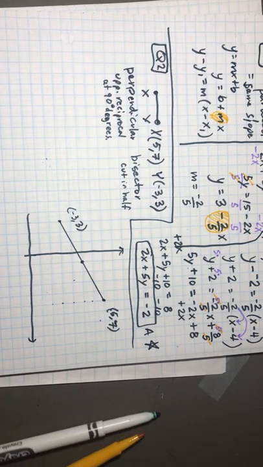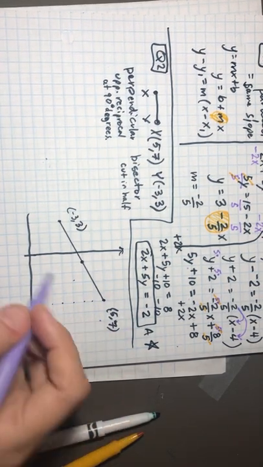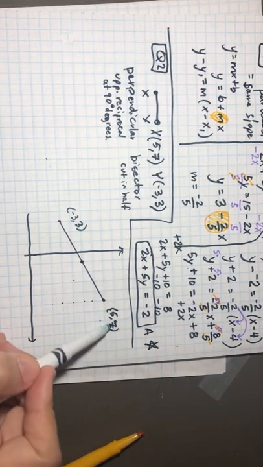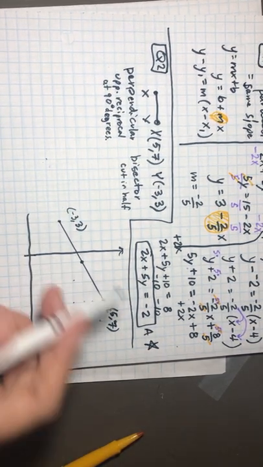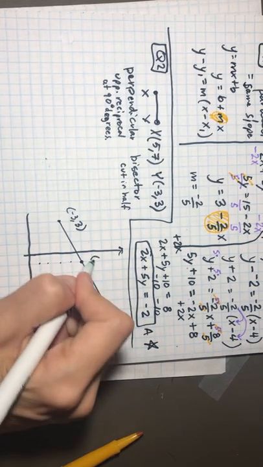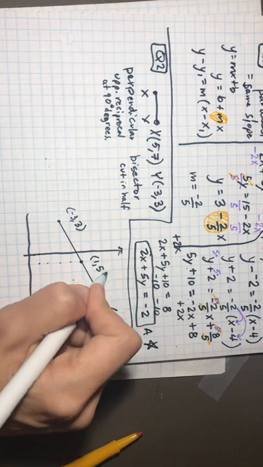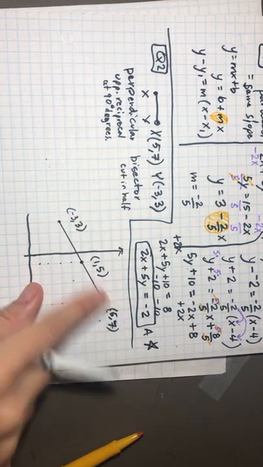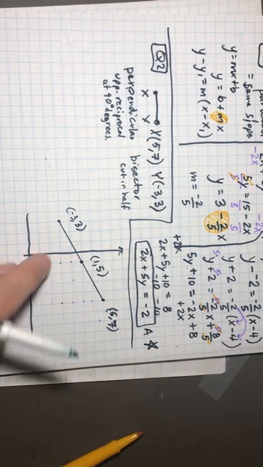There's a couple ways to do this, but one way is to simply take the average of these numbers. So I go over 1, 1, 2, 3, 4, 5. Here I am. I'm at coordinate 1, 5. And so I found this bisector, the point in the middle, just by graphing.